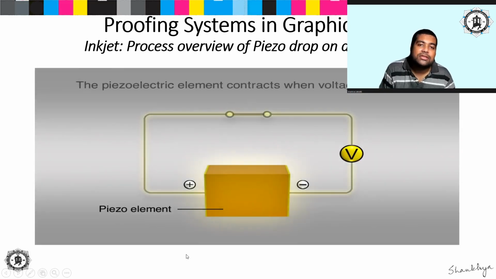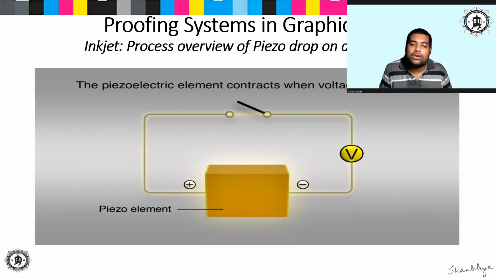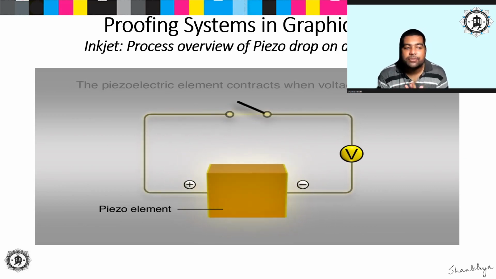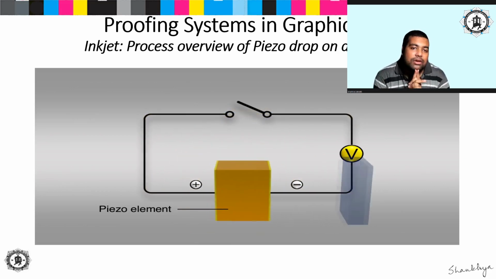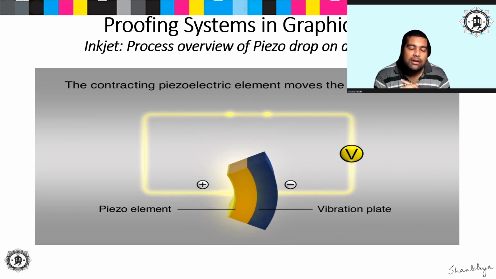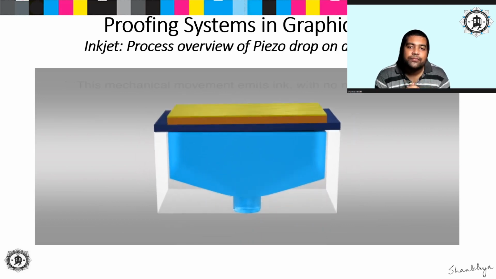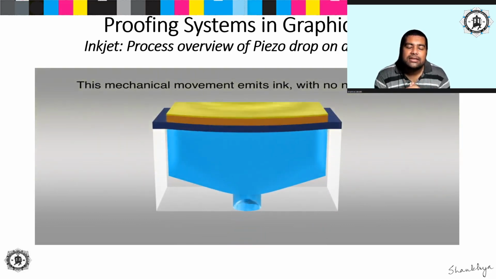Epson's piezo printheads are driven by piezoelectric elements which contract when voltage is applied. Each piezoelectric element is paired with a vibration plate to form a set. The contracting piezoelectric element moves the vibration plate to generate an inkjet mechanically, with no need to heat the ink.